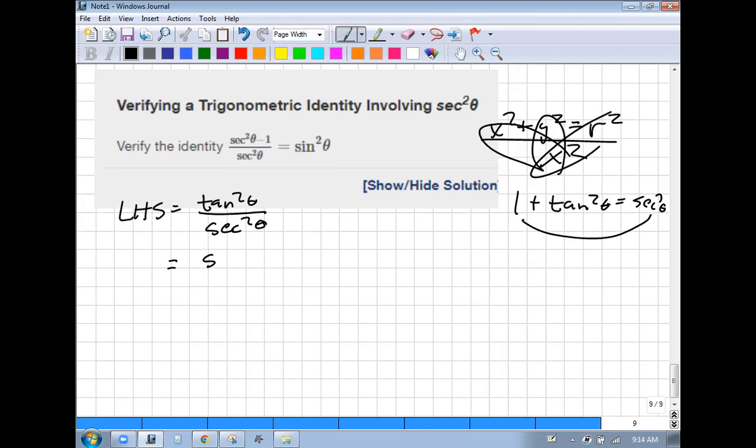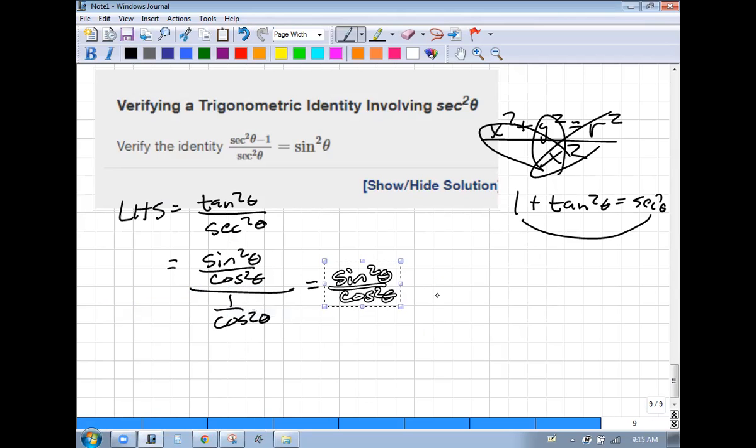Tangent is sine squared over cosine squared, and secant is 1 over cosine squared. So now instead of dividing by 1 over cosine squared, it's the same as multiplying by cosine squared. And that's the right-hand side. So I could do it that way.